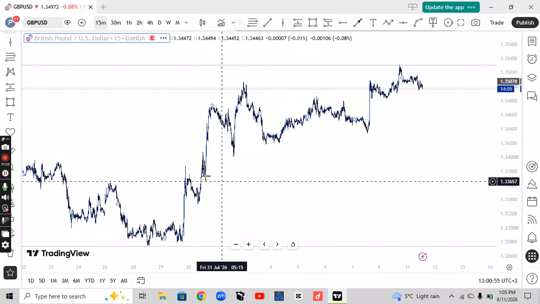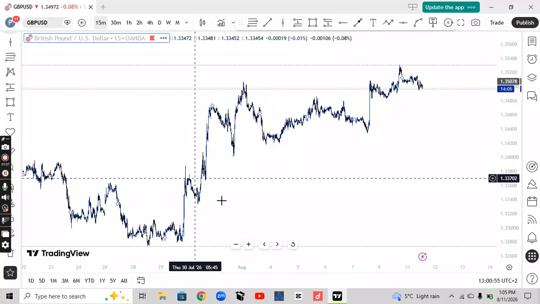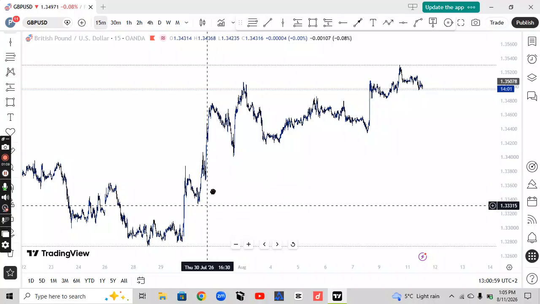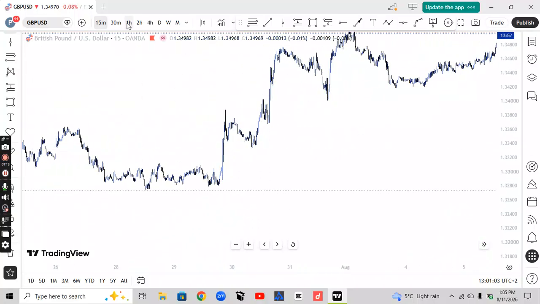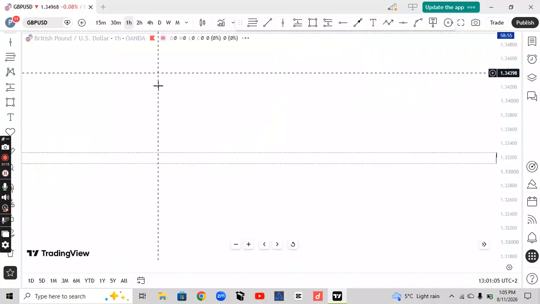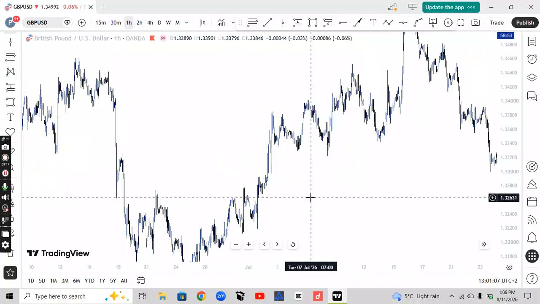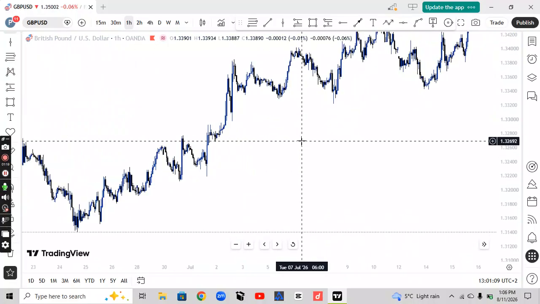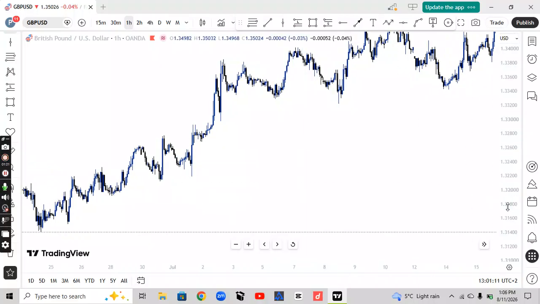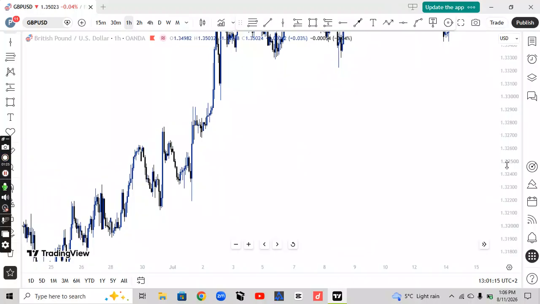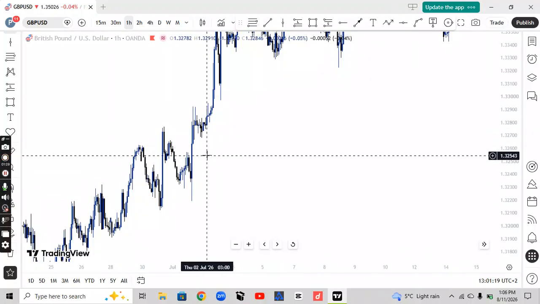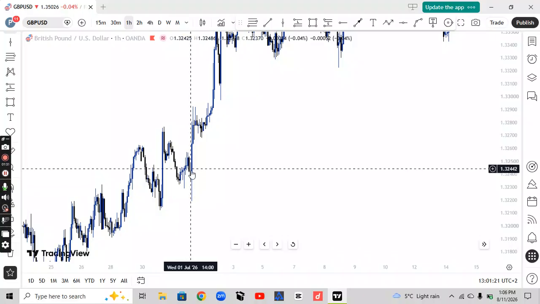Let's start with a very simple illustration. Let me go to a slightly higher time frame. An order block is the last sell candle before the push up in a bullish market.